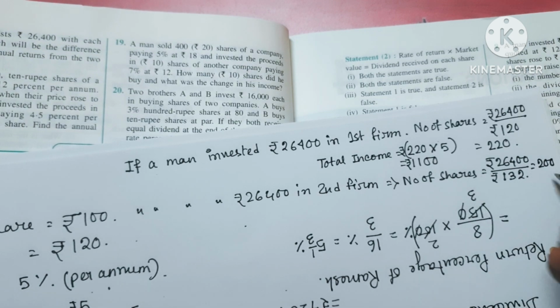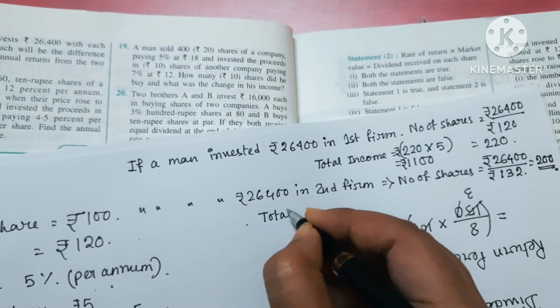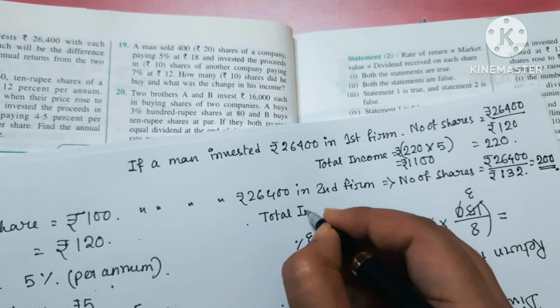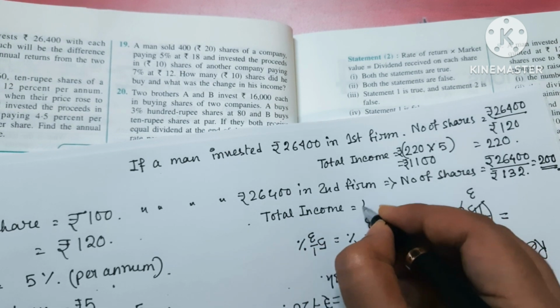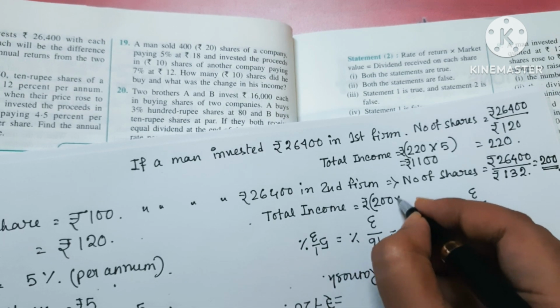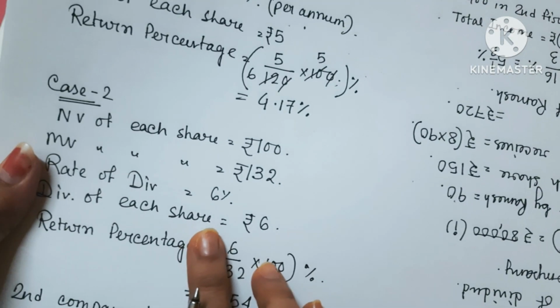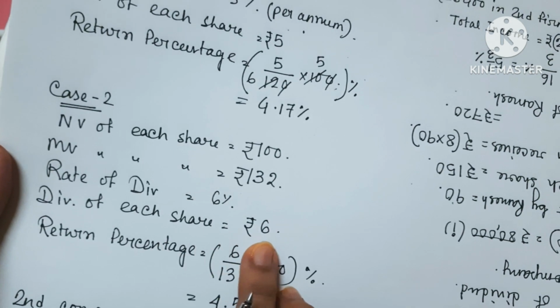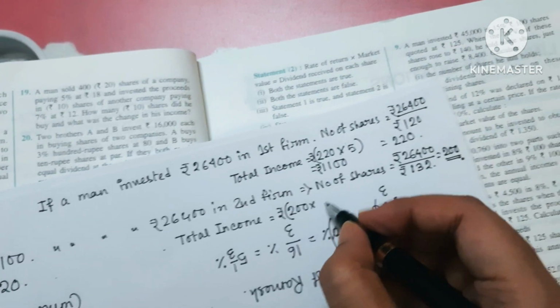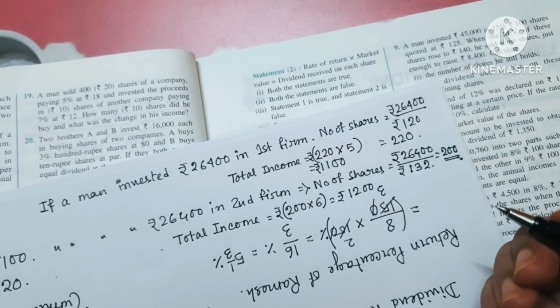Okay, number of shares 200. So total income from this firm will be rupees 200 into 6, right? See, in case of the second firm, dividend of each share is rupees 6. So 200 into 6, so rupees 1200 obviously.